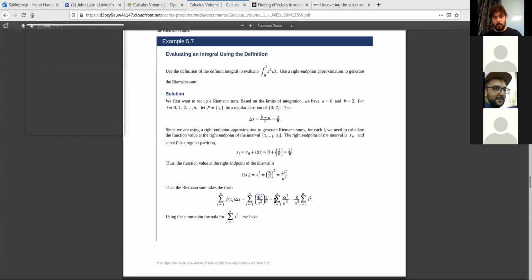And we see here that that's 8 times i squared over n cubed. The 8 over n cubed we can take out in front, and we only have the sum as i ranges from 1 to n. We haven't covered yet how to calculate these sums. We will look into that more closely next week, and I'll put some exercises for next week on that.